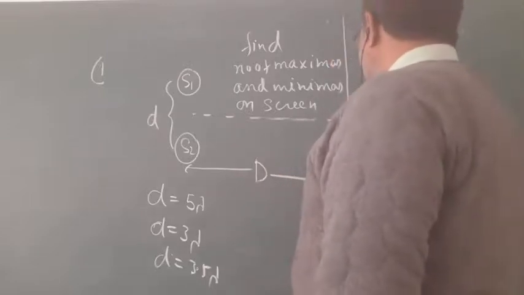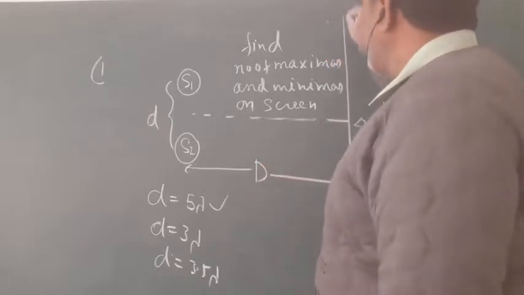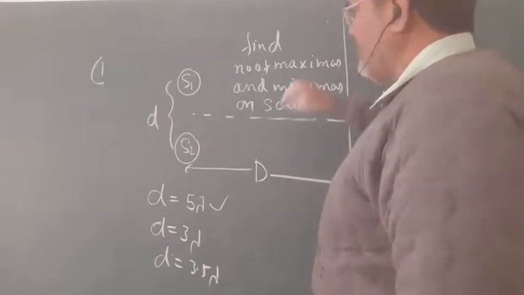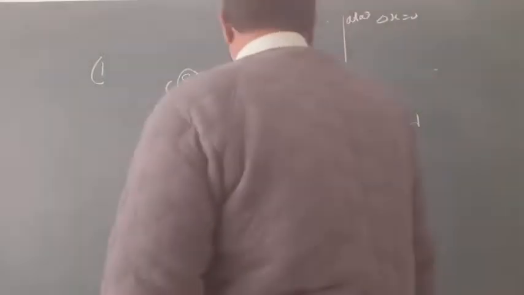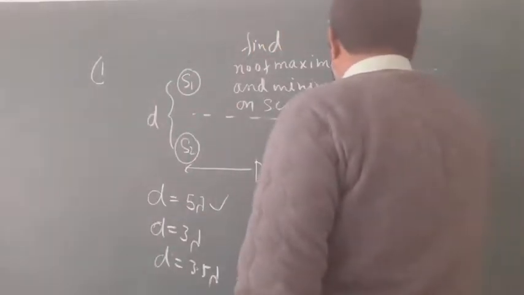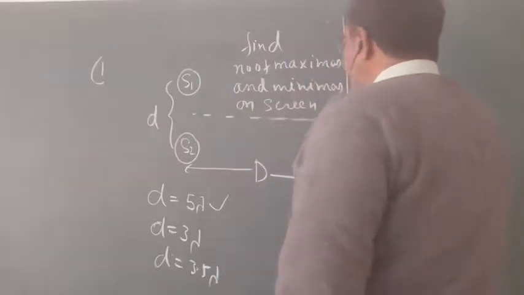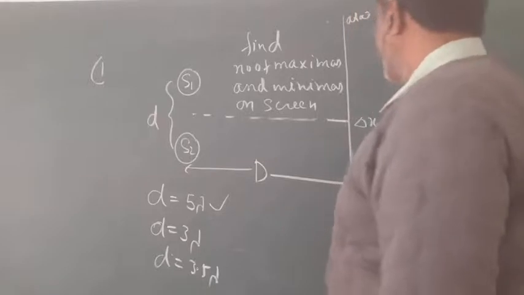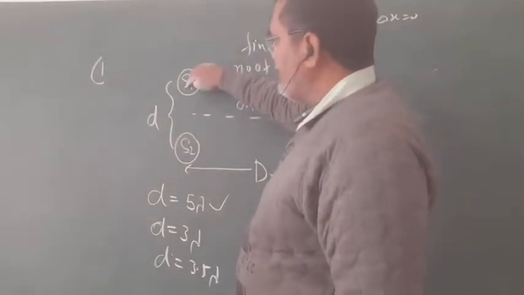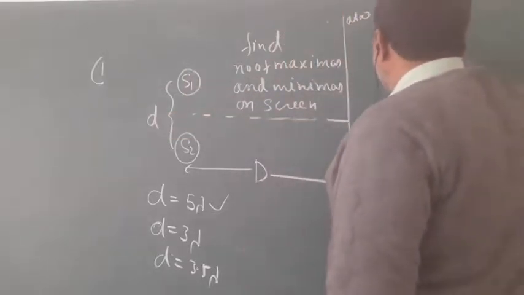At the central position, the path difference is 0 because both waves reach at the same time, and at infinity this wave travels more than the other by d, so the path difference will be d.